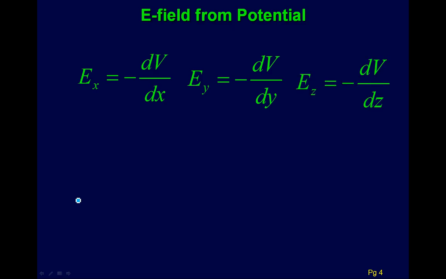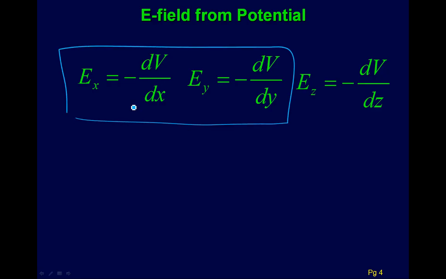Now it can be helpful to use a quantitative relationship here that can sometimes better encapsulate some of these things we've been talking about. Here is the electric field in terms of the potential. Of the three components that we might have, the electric field in the x direction is the negative of the derivative of the potential with respect to x.